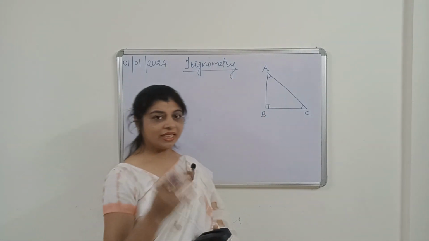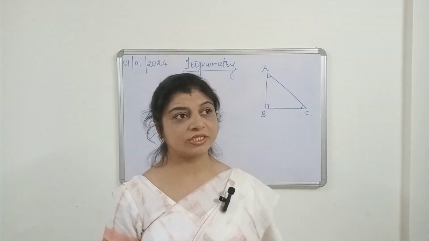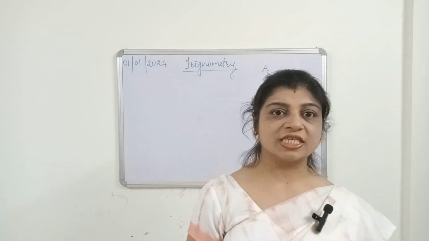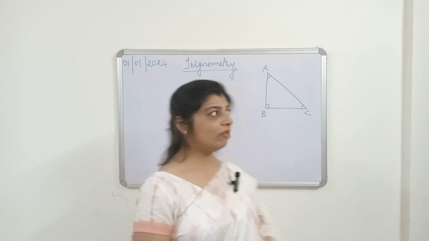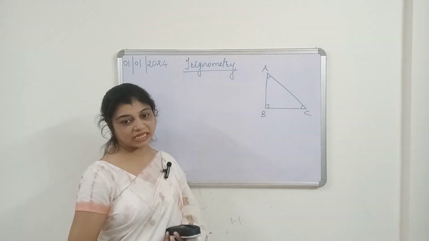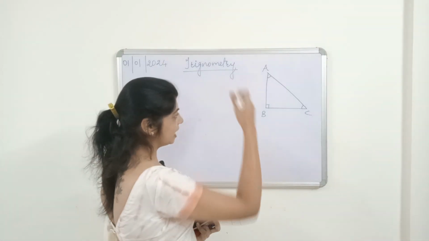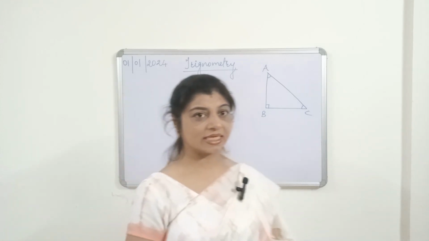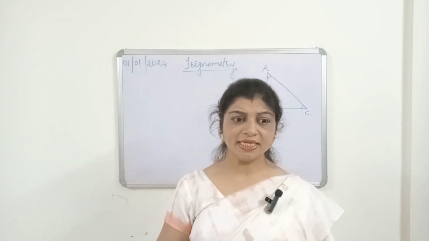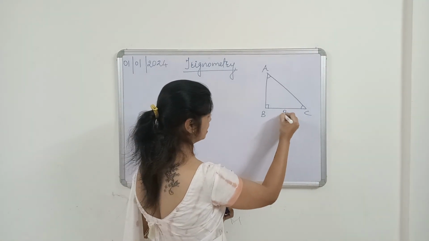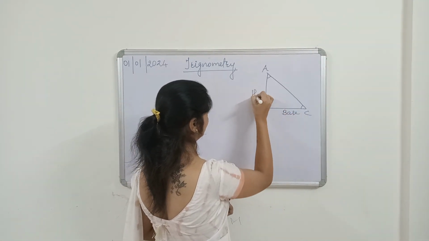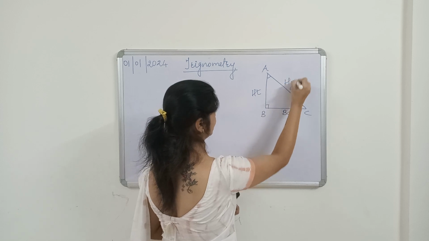Usually the two sides of a triangle which form an angle of 90 degrees, we call one of them base and one of them height. And the slanting line which joins these two lines is known as the hypotenuse. So let's consider, suppose this is base, this is height, and this is hypotenuse.